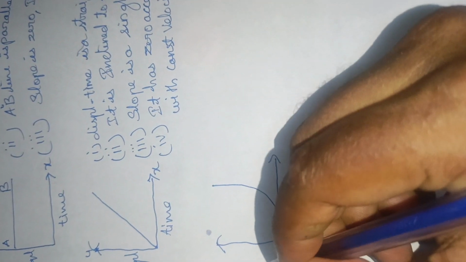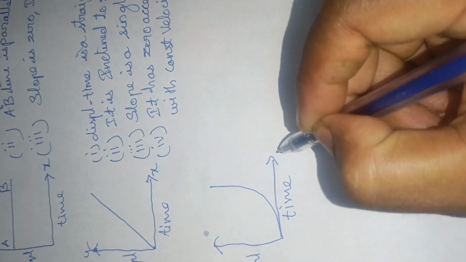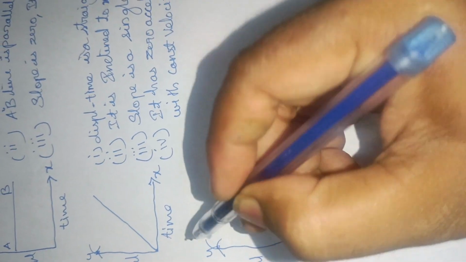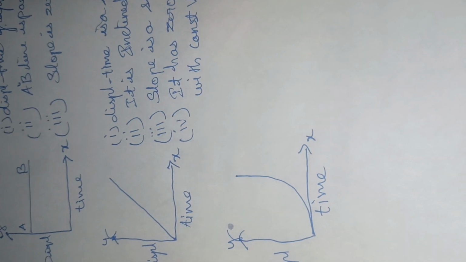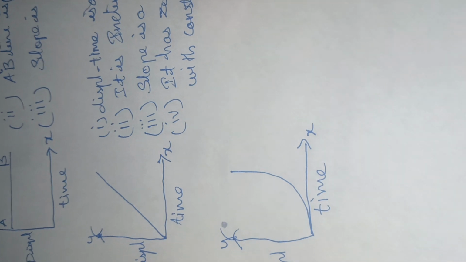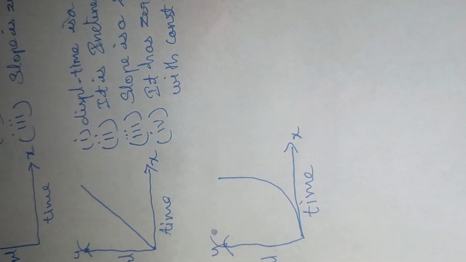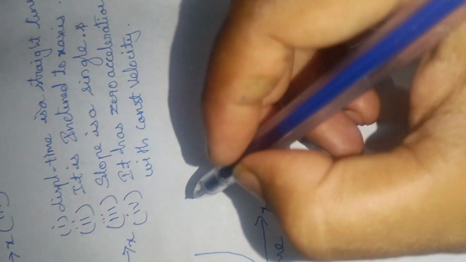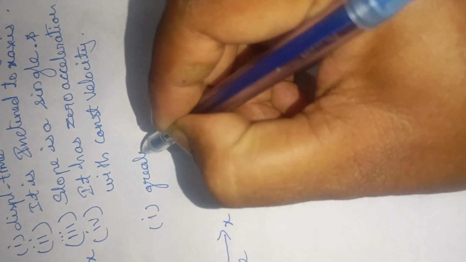Here also you can define the way the graph behaves with respect to displacement and time. This is the x-axis, this is the y-axis. The very first point is the greatest displacement.